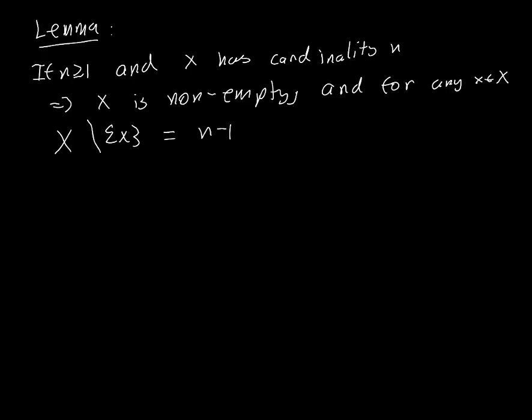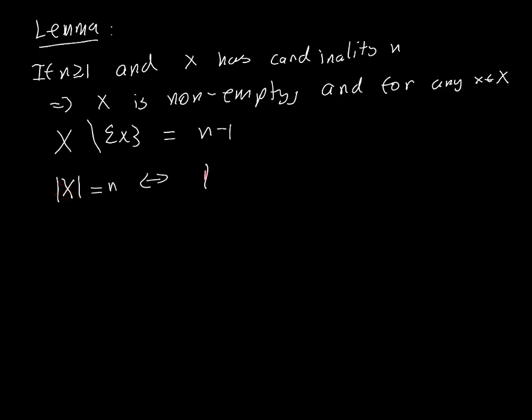All right, then. So how can we do this? Let's just show that there exists a bijection. Let's say X has cardinality n. Let's work with what we have.